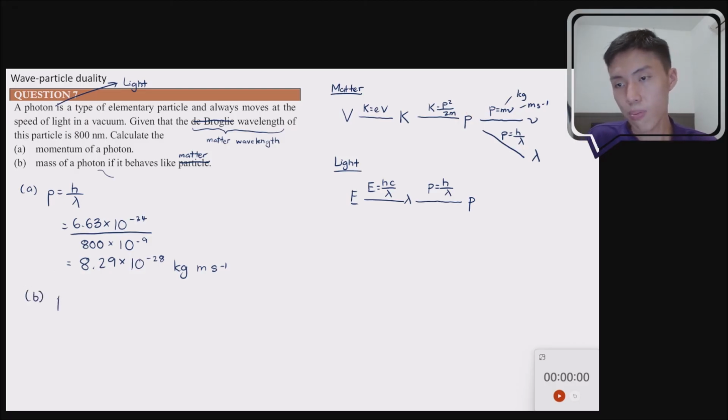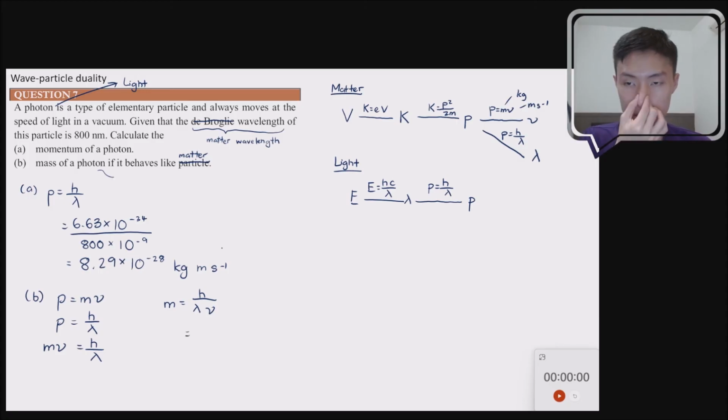So you can say that P equals mv, and at the same time P equals h over lambda, so you can connect these two equations together and say that mv equals h over lambda. You want to find m, so m equals h over lambda multiplied by v. Am I right? Seems about right.